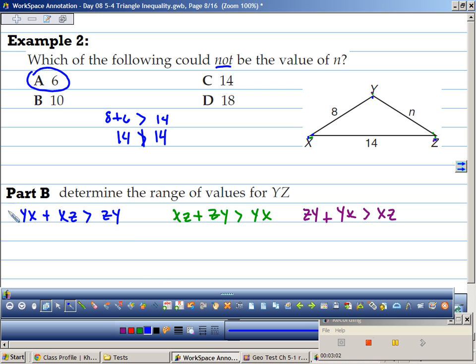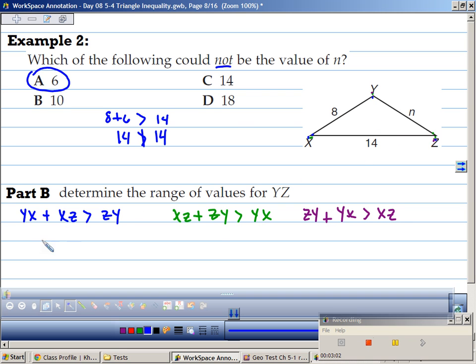So let's fill this in. It's easier to write the segments out like this first, believe me, because once you start using variables, you're going to get mixed up. Okay?